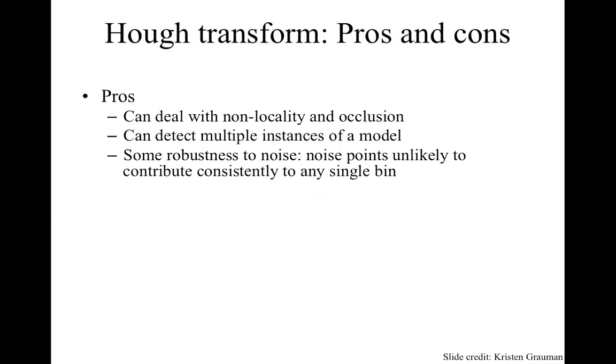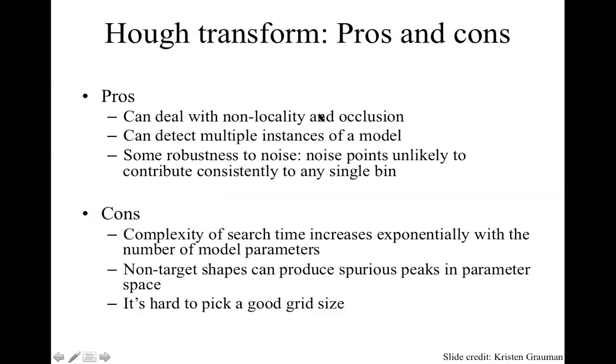Okay, let's see some arguments, pros and cons for this method. One thing that we will also encounter later is that the Hough transform can deal with occlusions, because there will still be some votes that will vote for the right parameters of your model.